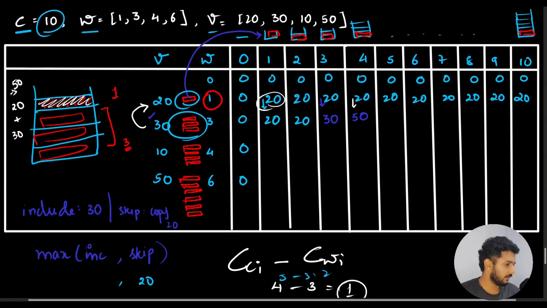So which will be 5 minus 2, 5 is 30, 50 and 20. Because 50 is the maximum value, we will copy the value 50, and I'm simply copying 50 because I know that I'll be getting 20 from the previous row and nothing else if I include. So I've just copied 50.